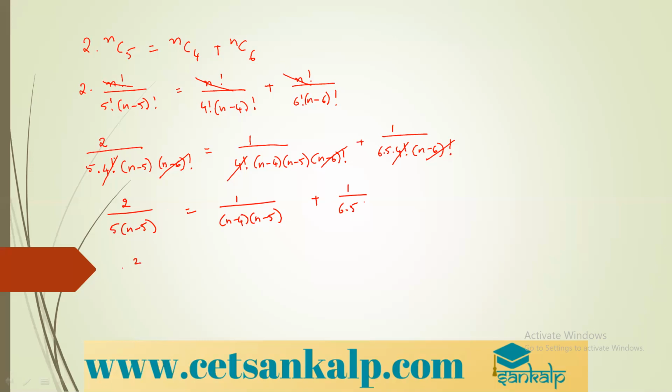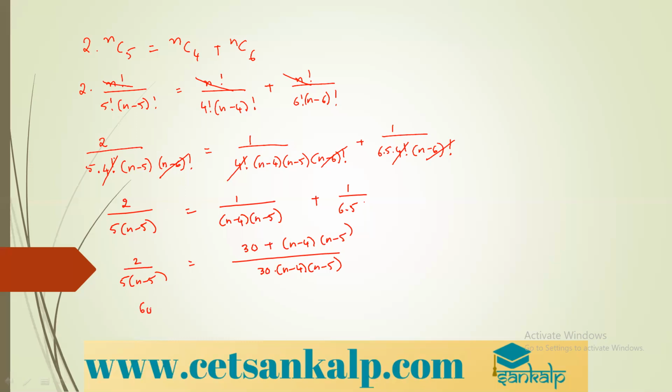Or I can write 2 by 5 into n minus 5 equal to, I'll take common denominator 30 into n minus 4 into n minus 5, so that I can write numerator as 30 plus n minus 4 into n minus 5. Now my work is just to simplify.